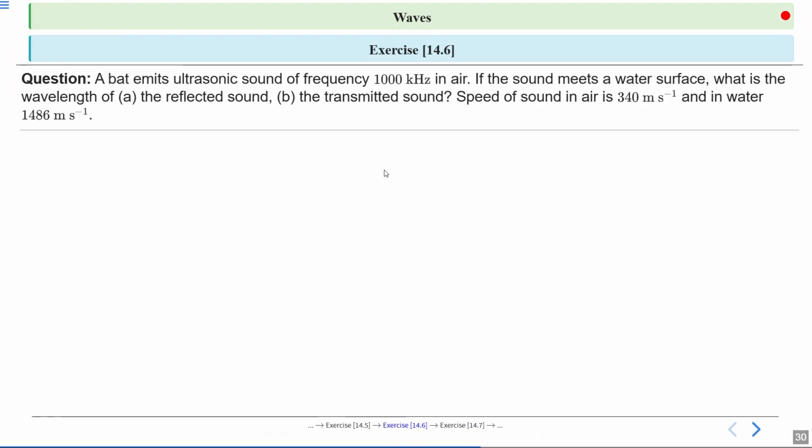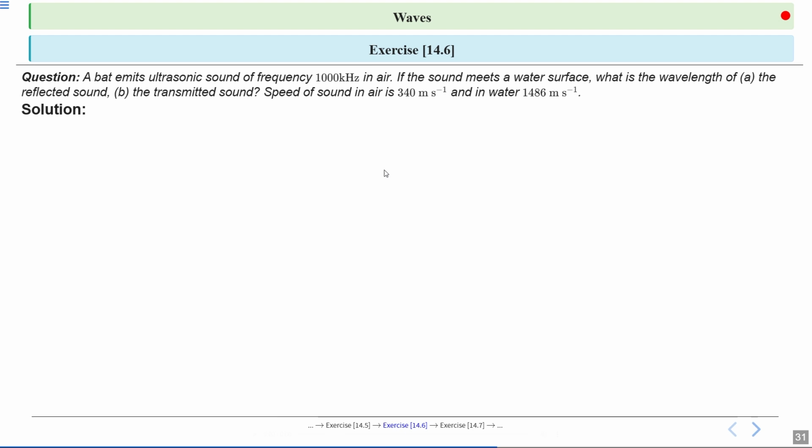A bat emits ultrasonic sound of frequency 1000 kHz in air. If the sound meets a water surface, what is the wavelength of A. The reflected sound. B. The transmitted sound. Speed of sound in air is 340 meter per second and in water 1486 meter per second.